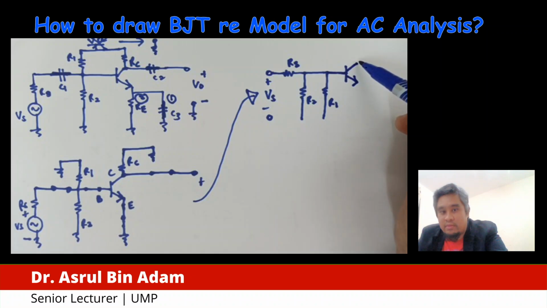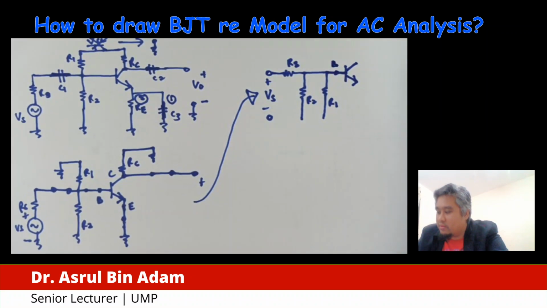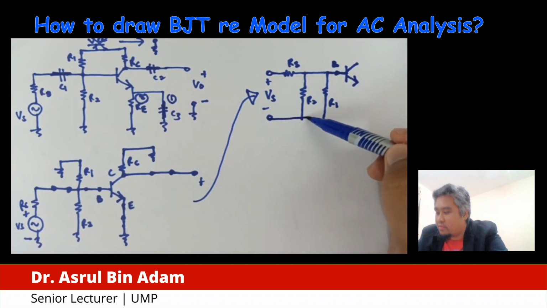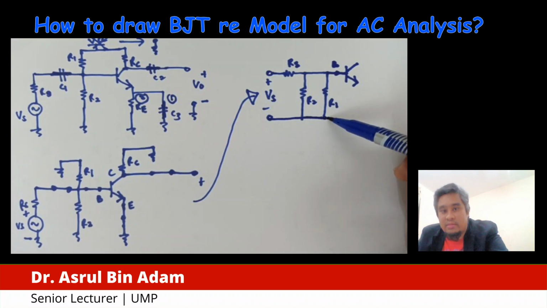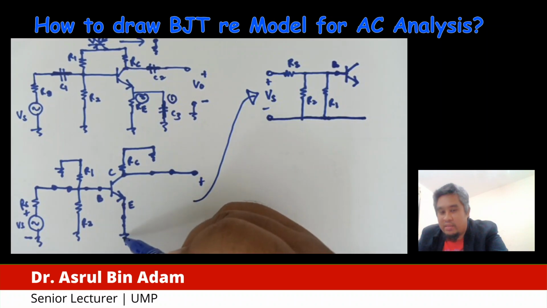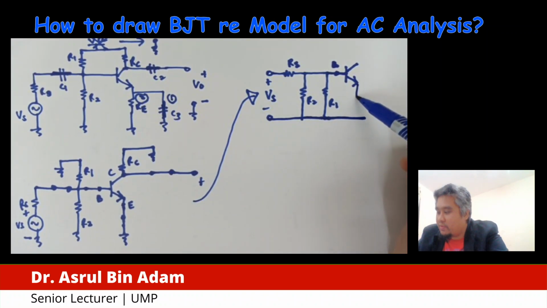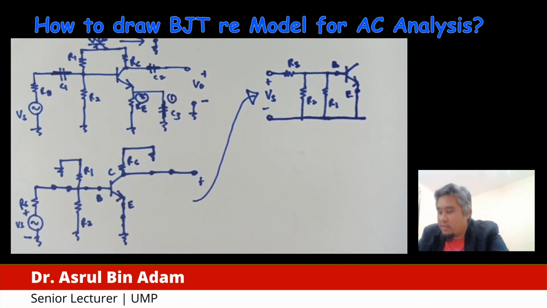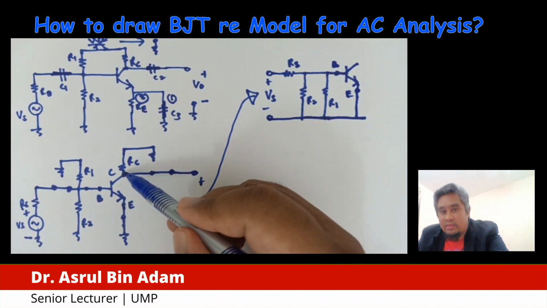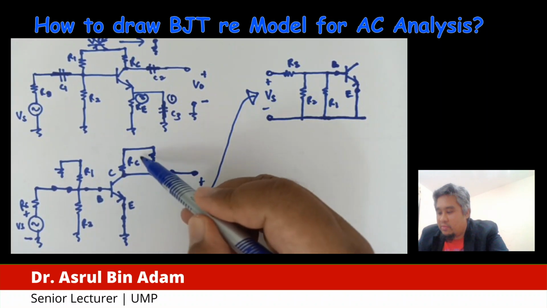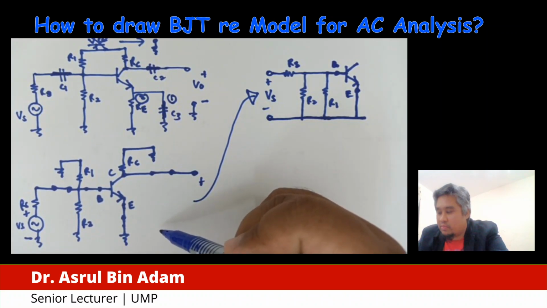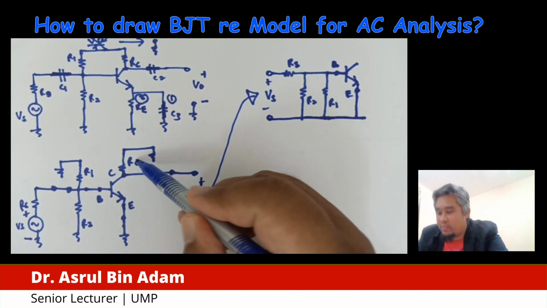And then we have the BJT here. This is our base, and we can connect this line slowly. Then the emitter directly connects to the ground. Then RC, we move to this side, to the ground.